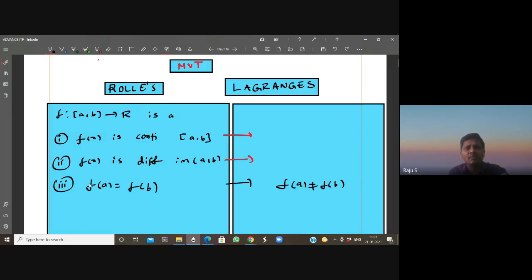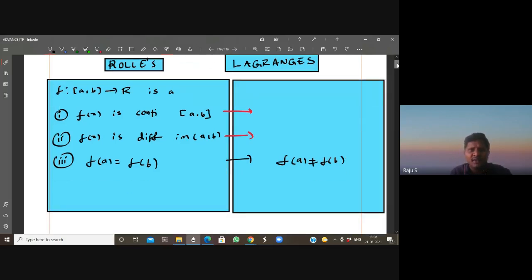Coincide means the value will be the same: f of a equals f of b, or f of a not equal to f of b. When the function satisfies these conditions, then there exists a point c belonging to the open interval a comma b such that f dash of c is equal to 0.